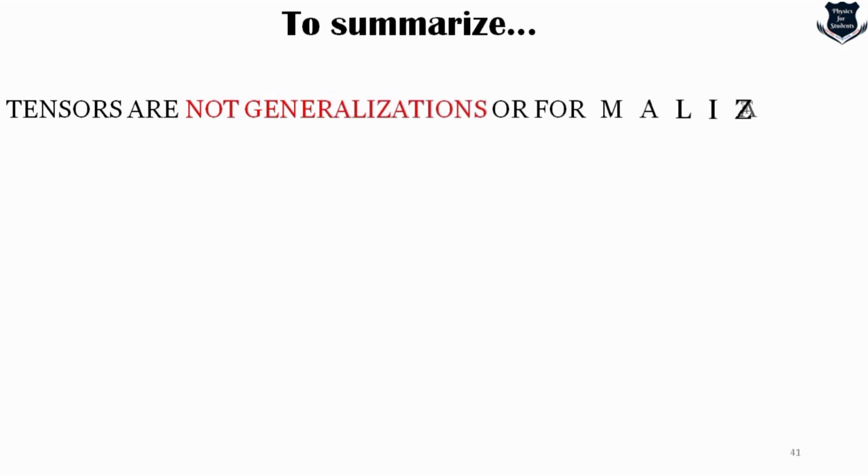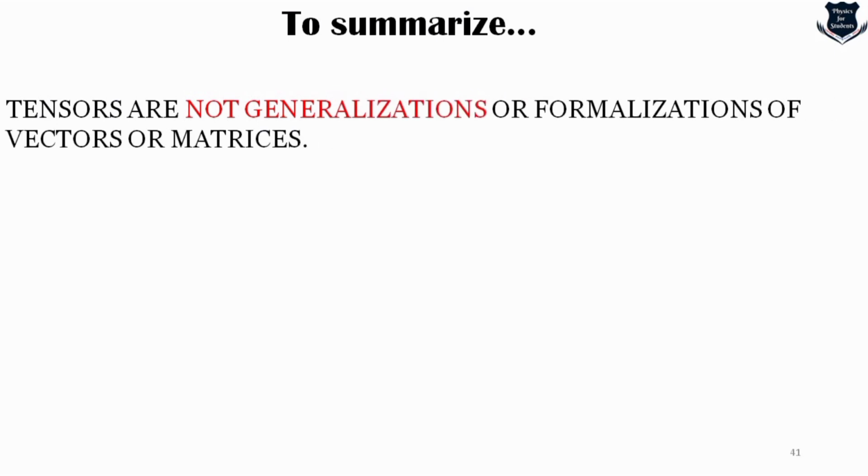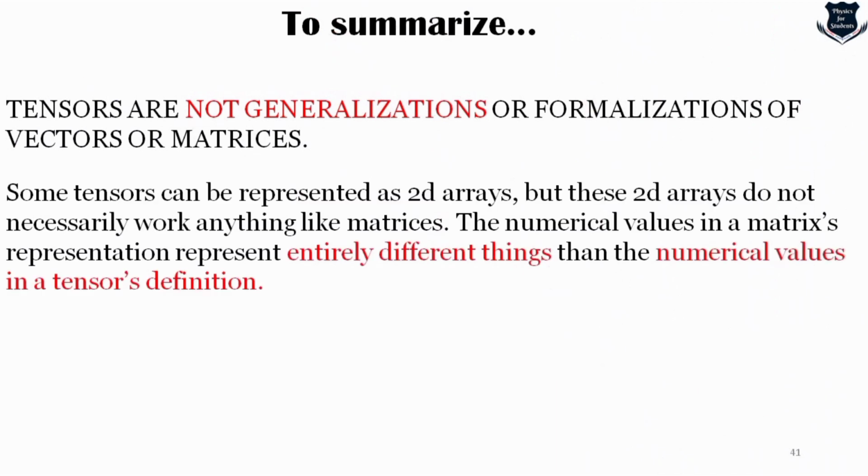Okay, so how can we summarize till now? Tensors are not generalizations of vectors and matrices. Some tensors represent two-dimensional arrays, but these arrays do not necessarily work like matrices. The numerical values in a matrix represent entirely different things than the numerical values in tensors. Obviously, you will see that the tensor operations and the tensor definition, the values are totally different.